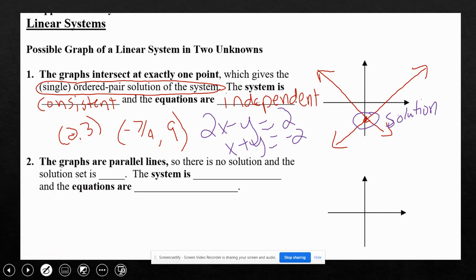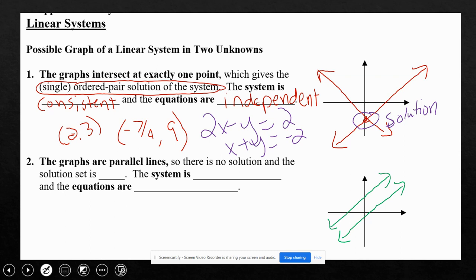Parallel lines. Remember, parallel lines run in the same direction, have the same slope, but different y-intercepts. Parallel lines are called parallel because they're never going to cross.